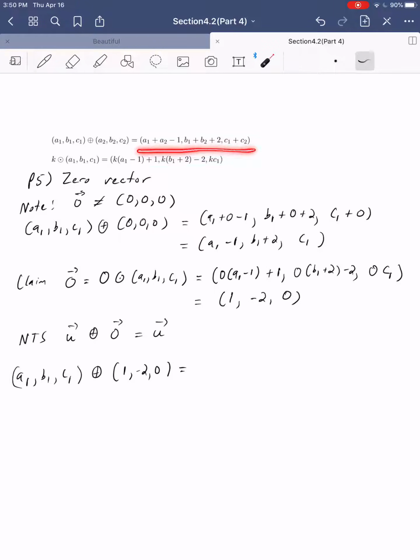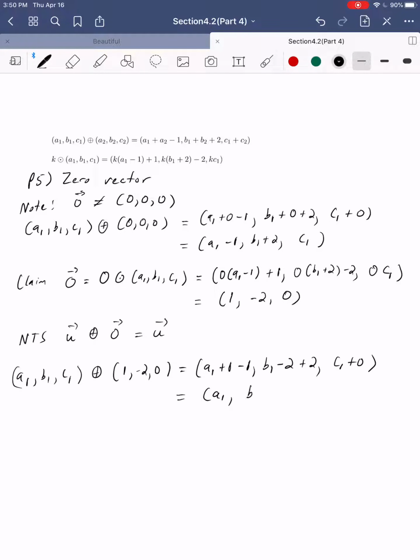Well, according to this operation, we add the first two components, so A1 plus 1 and then minus 1, then B1 minus 2 plus 2, and then C1 plus 0. And what do we notice? That yields A1, B1, C1, which is exactly what we wanted. So we've now shown that this weird vector, 1, -2, 0, is going to act as our 0 vector in this vector space with these non-standard operations. So our 0 vector is a little different than we would normally expect, but we do have one.